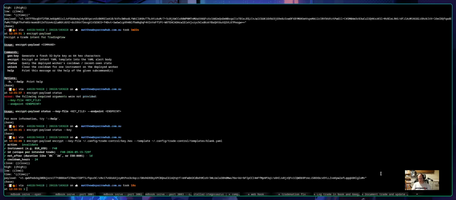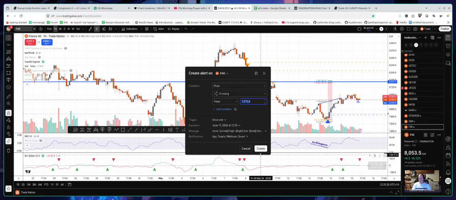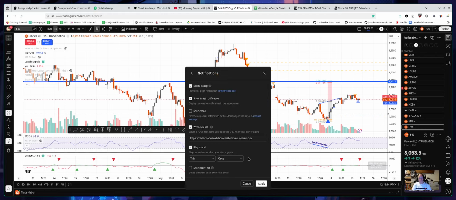So this is another secret message which will tell my robot: if you get this message, turn off all F40 trades, even if you get a trade for the France 40, don't do it. That will also go to my webhook.